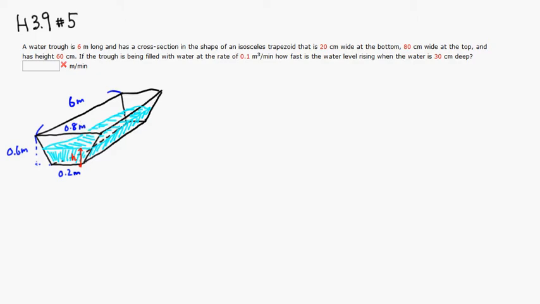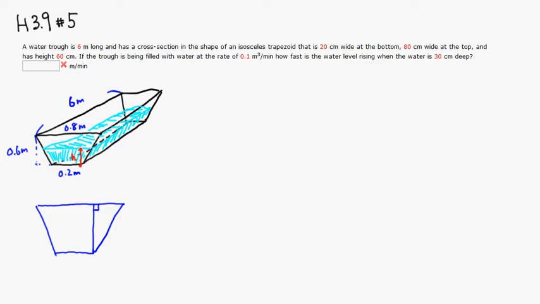What we're going to do is look at this isosceles trapezoid, so it looks like this. Then I'm going to draw a vertical line here, and you look at the right angle.